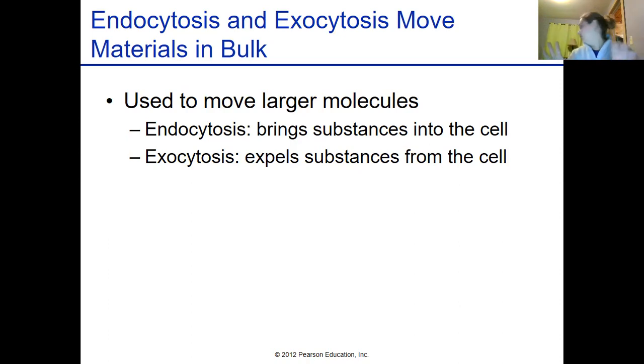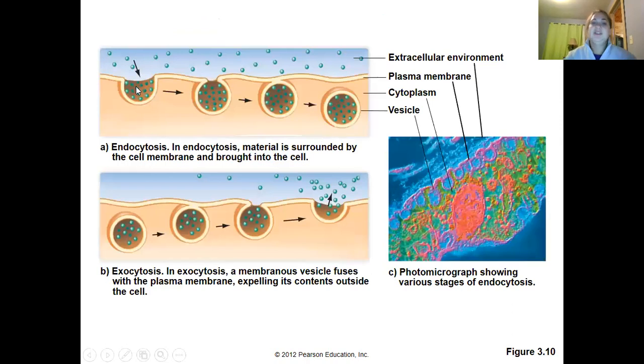And exocytosis is going to be the complete opposite. So here's that picture. Again, it's hitting the outside of the cell, and then it's going to start pinching it off to form that vesicle. When it's exocytosis, it's going to go in the reverse way, and then it will release it outside of the cell. It's like, goodbye.